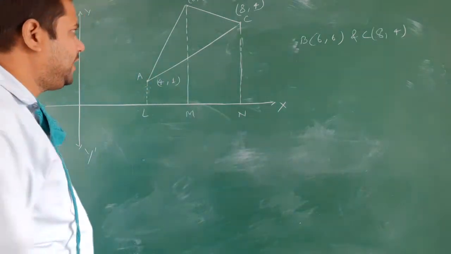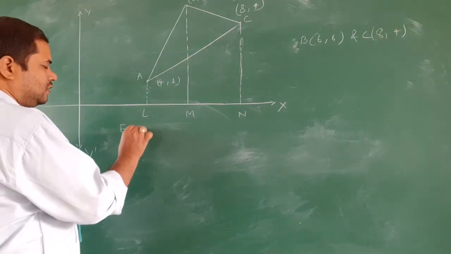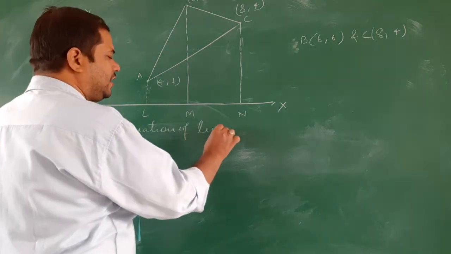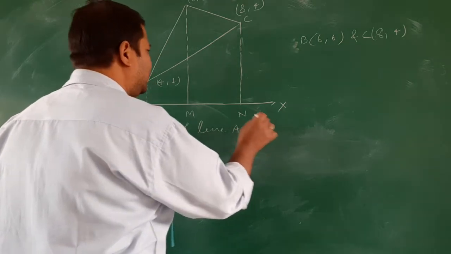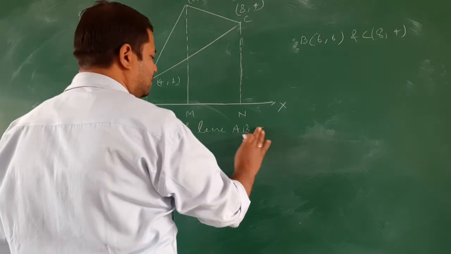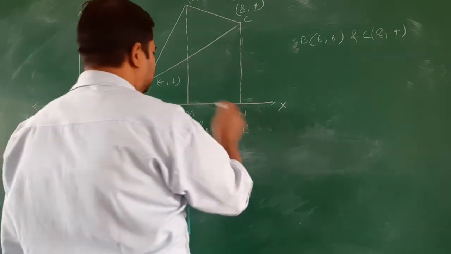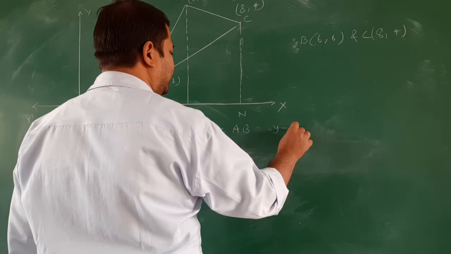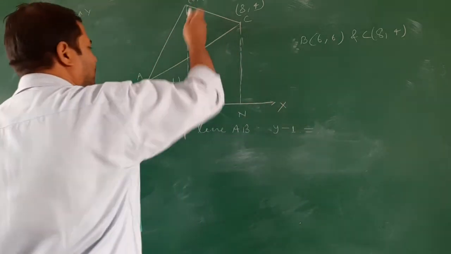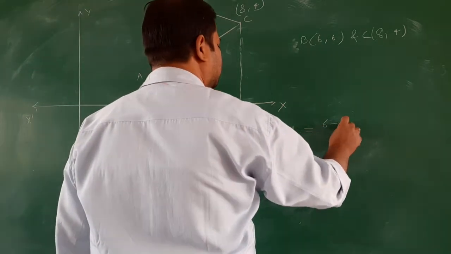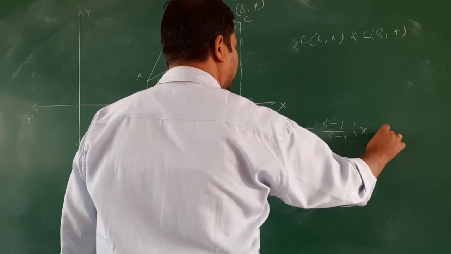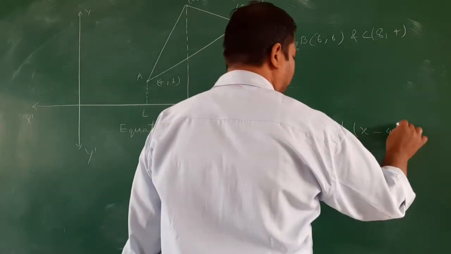Y minus Y1 is equal to m times X minus X1, that is (6 minus 1) upon (6 minus 4) into (X minus 4).